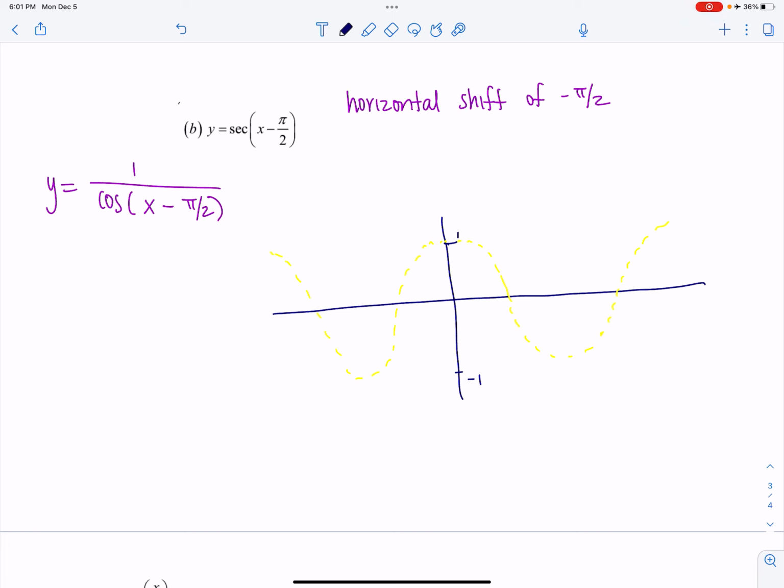And this is pi over 2. 3 pi over 4. Oh no, 3 pi over 2. Okay. And I suppose I can label this side too.